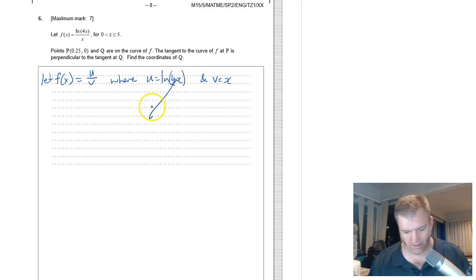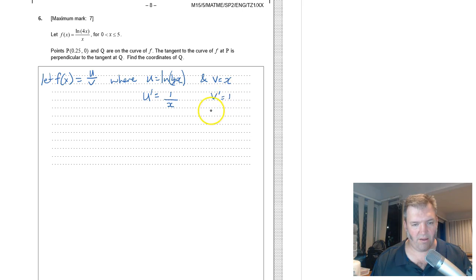The derivative of the log of 4x is 1 over x. It's 4 over 4x, and then the 4's cancel, so that's 1 over x. So that's u dash. V dash is 1, and v squared is x squared.